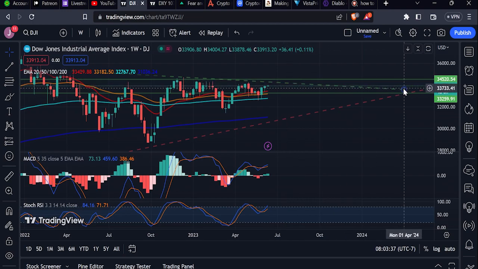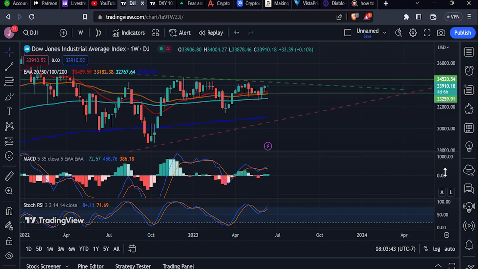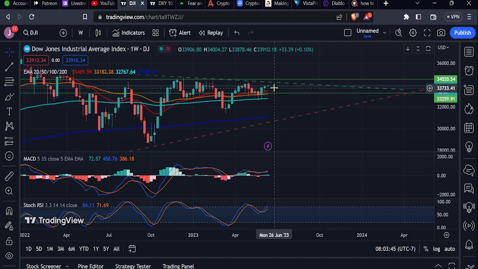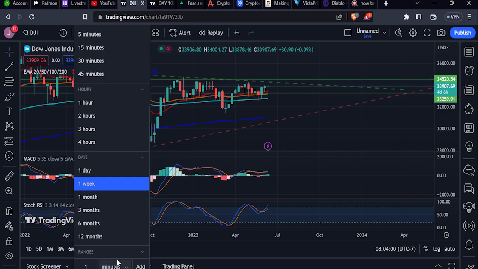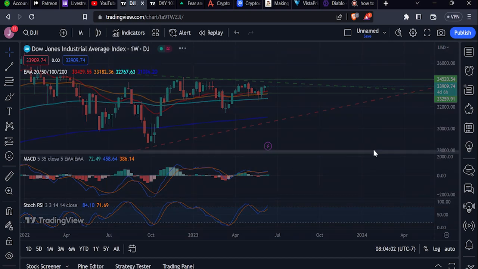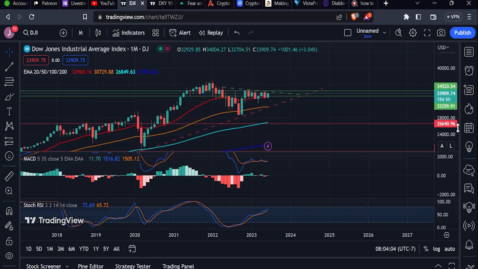The longer it takes to break that top, the harder it is to break. If it breaks it, it needs to hold above it for a while in order to be bullish in the mid to long term. So the longer we consolidate at this range, I'd say the better, because historically that's usually what happens.